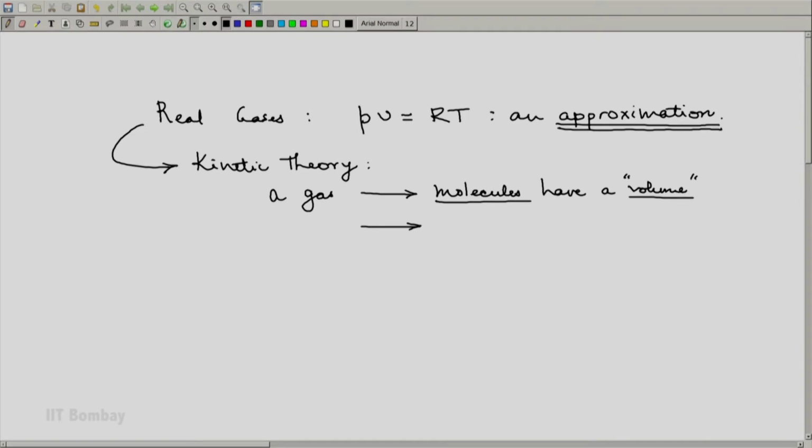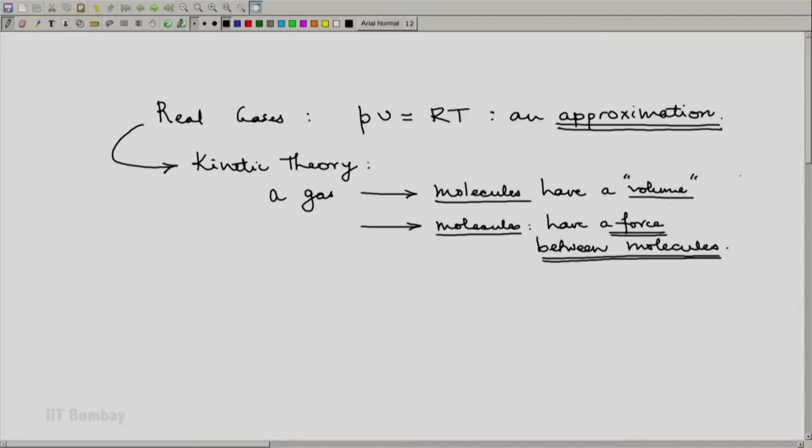Molecules themselves have a volume, say they occupy some space. And number two is molecules have a force between molecules. This force acts at small distances, at larger distances it becomes very weak.